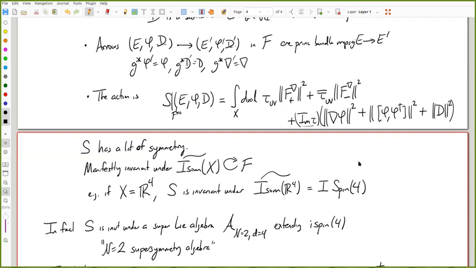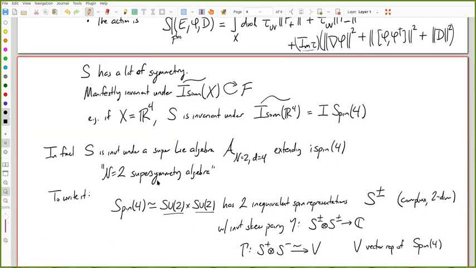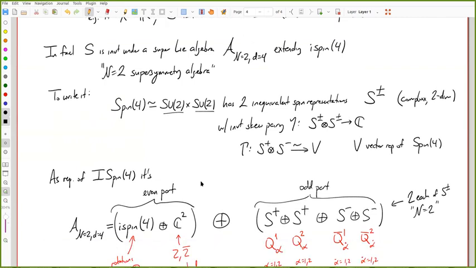And then the very last thing I told you was that this field space carries an action of a certain super Lie algebra. And moreover, the function is invariant under the action of that super Lie algebra. The super Lie algebra is what I called A, N=2, D=4. So this is a kind of universal algebra. It's the same for every N=2 theory.